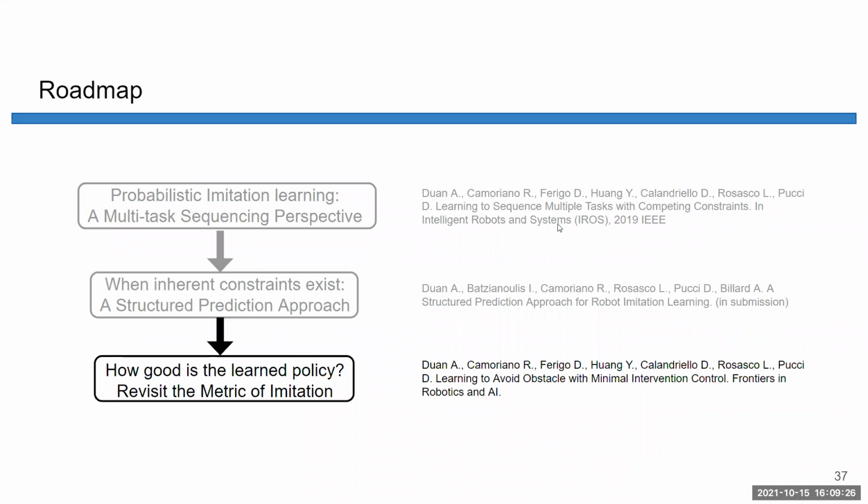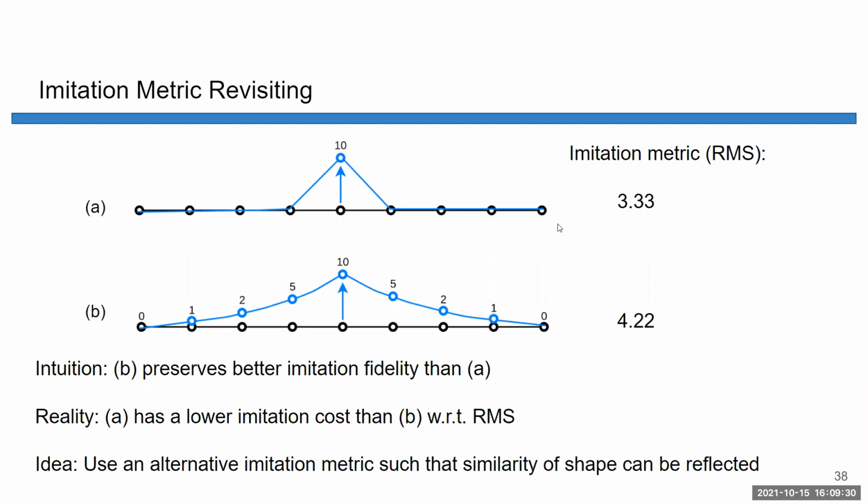So how good is the learned policy? Let's see this toy example. Here again, the black curve is the demonstration trajectory, and the blue curve is the adapted one.